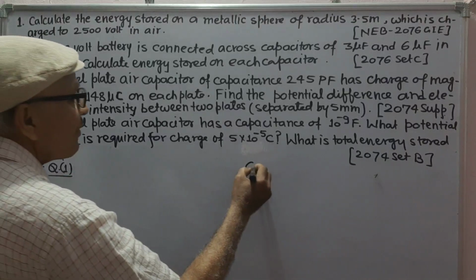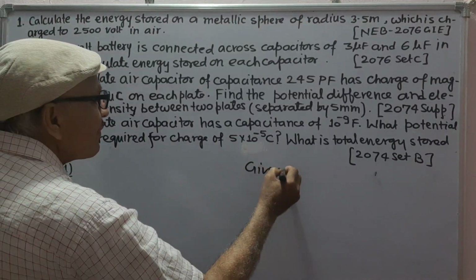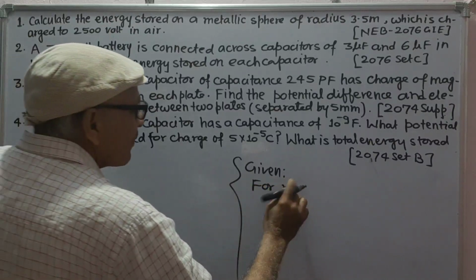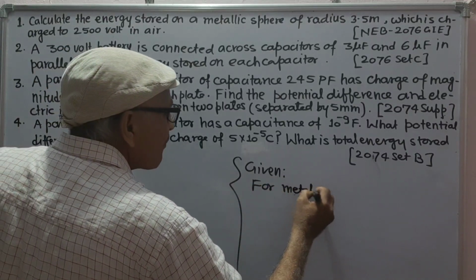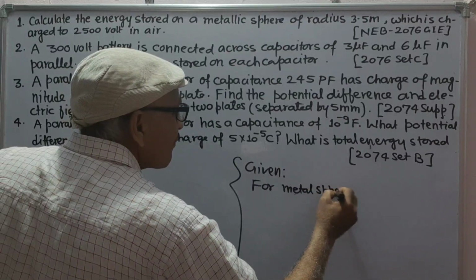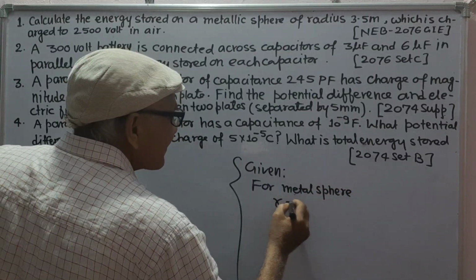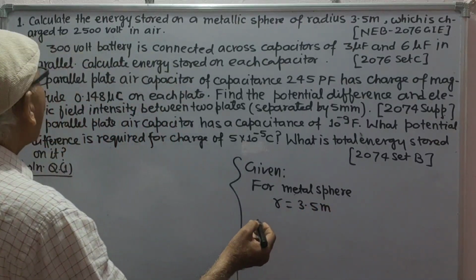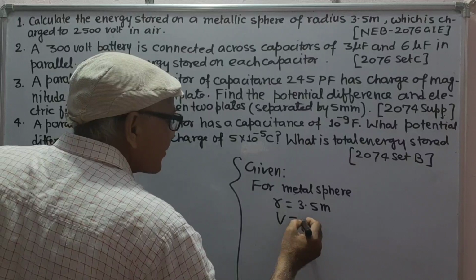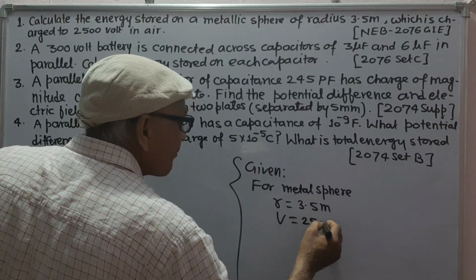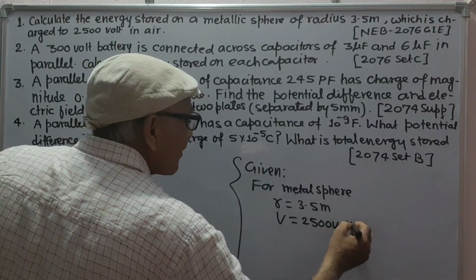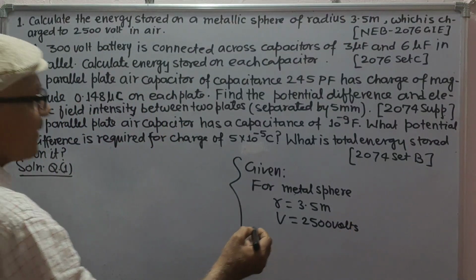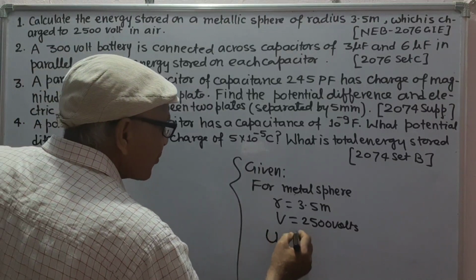Here we have for a metal sphere radius is equal to 3.5 meter and it is charged to 2500 volts. So we have to find the energy stored. U is what?